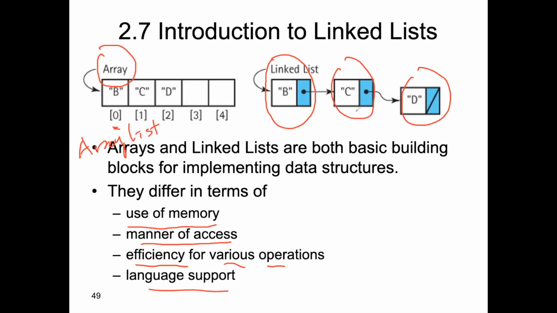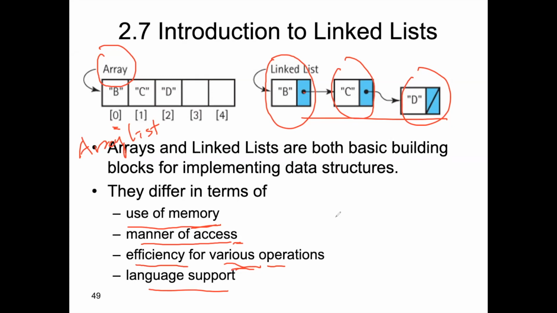There's also corresponding linked list APIs and documentations available in Java. And because data are stored differently in these data structures, one involves sequential access and the other one doesn't. Their access patterns are different. And because of the extra use of pointers in a linked list, and there is none in the array, their use of memory and also various operations involving retrieval and insertion of data are different.